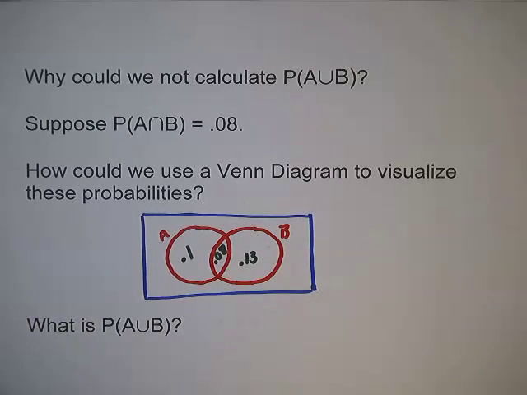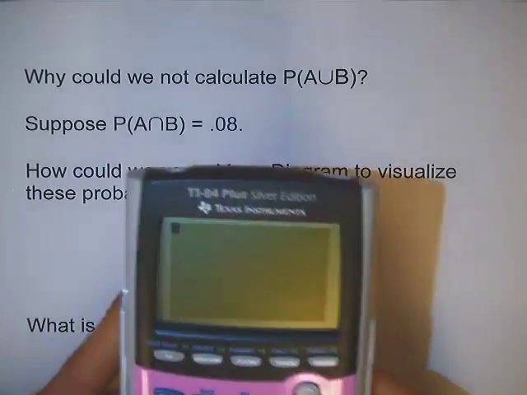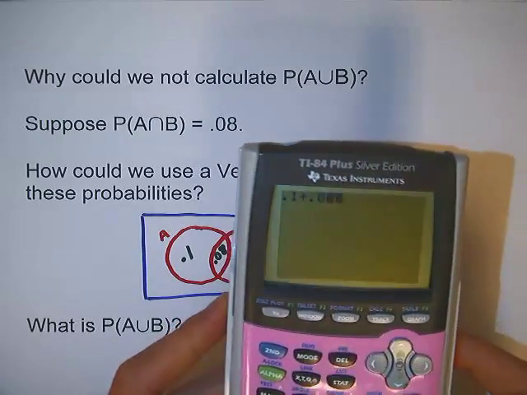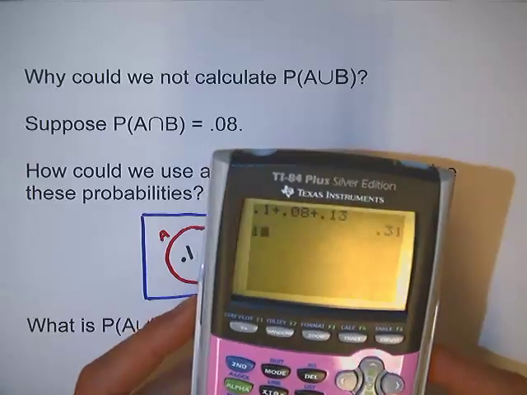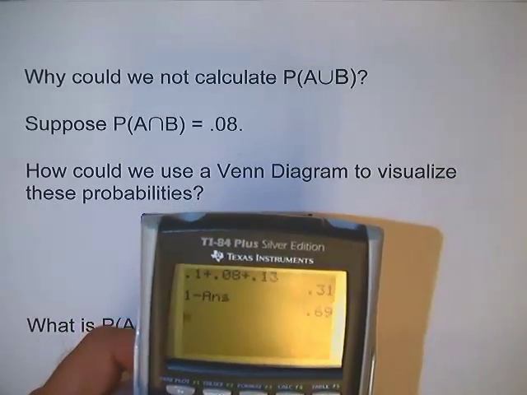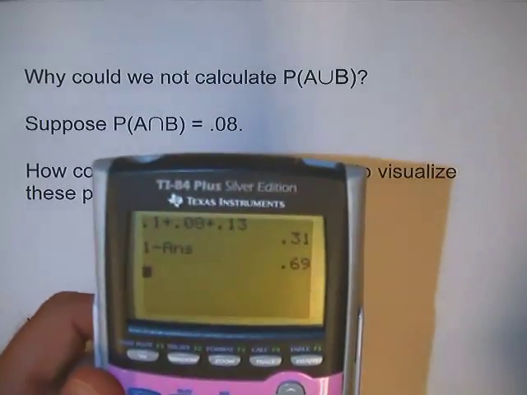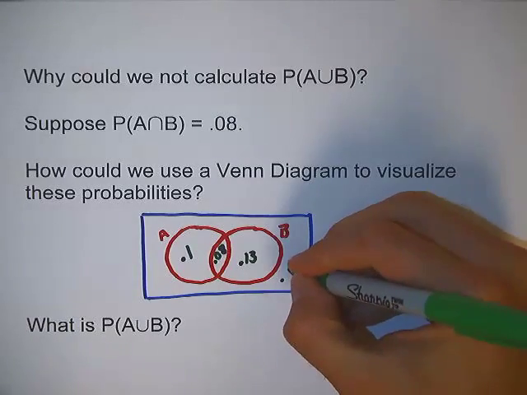Now if we want to figure out the probability that a student takes neither psychology nor statistics, all we need to do is add up the three numbers that are already in our Venn diagram. So that's 31%, and subtract that from 1 to get 0.69, so 69%.